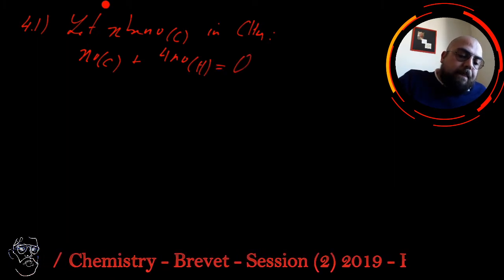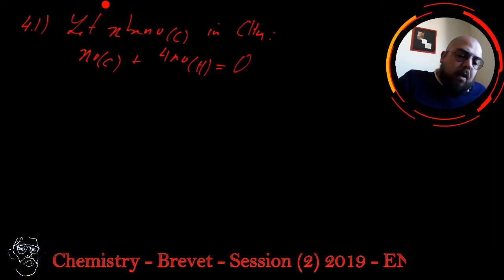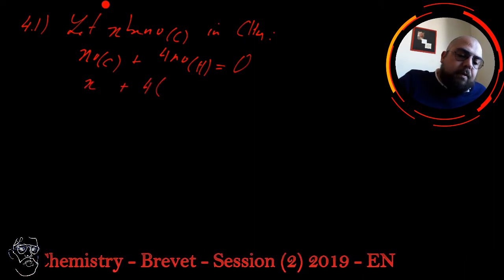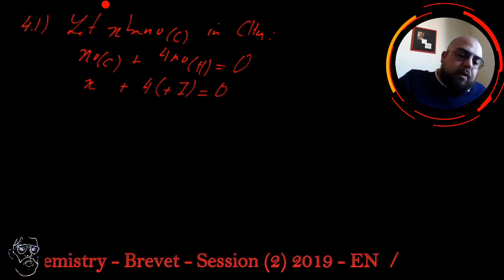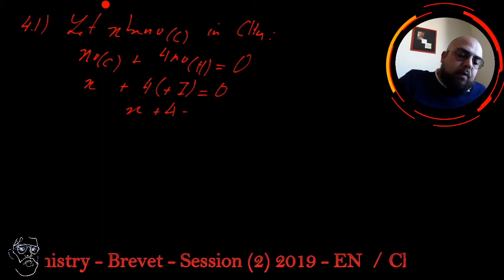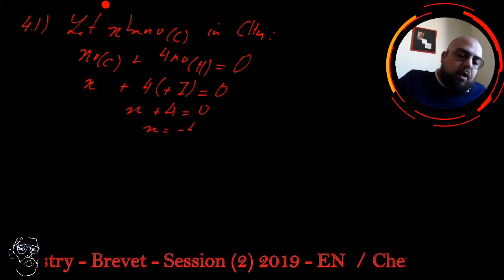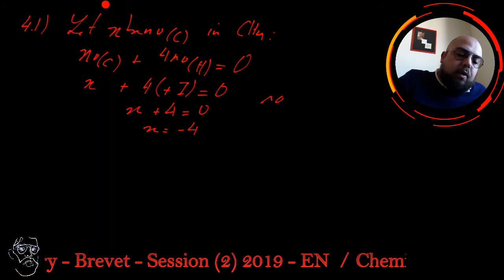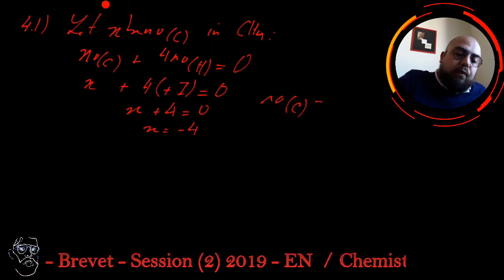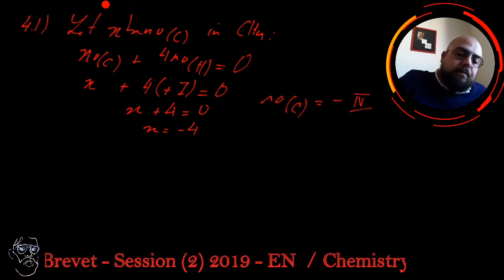So I will have x plus 4 times plus 1 equal to 0. x plus 4 equals 0. x equals minus 4. So the oxidation number of carbon in CH4 is minus 4.